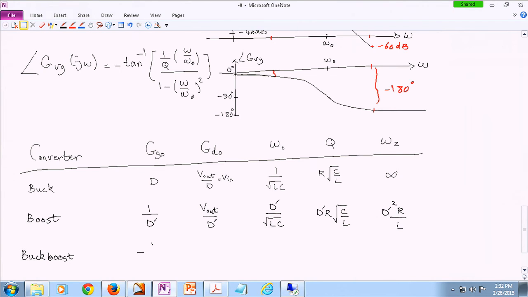So you can verify the answers for your homework assignment with this last row. And then D prime squared R over DL.